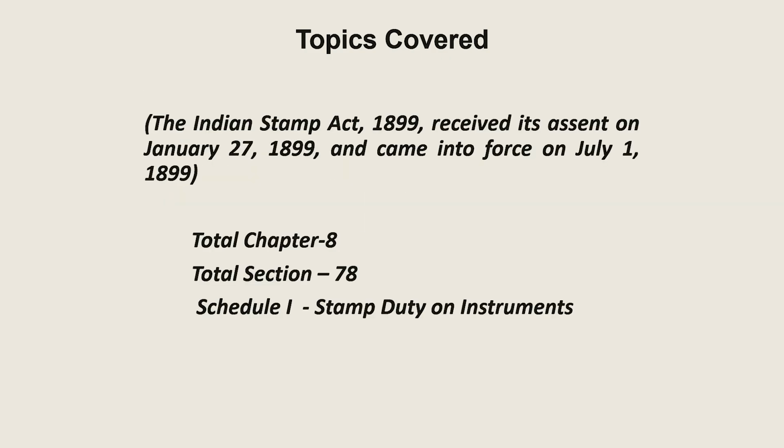The Indian Stamp Act 1899 received its assent on January 27, 1899, and came into force on July 1st, 1899. In total, we have 8 chapters, 78 sections, and 1 schedule in the Indian Stamp Act 1899.